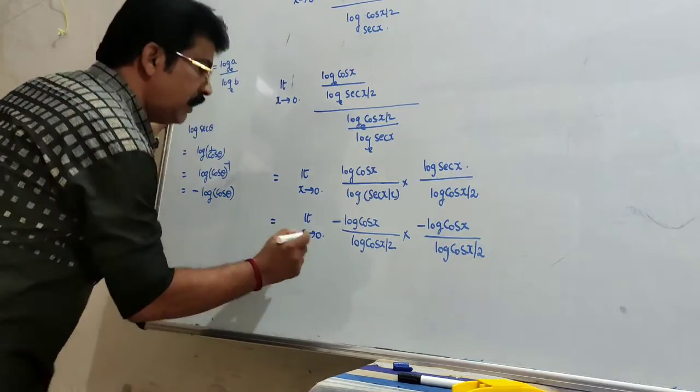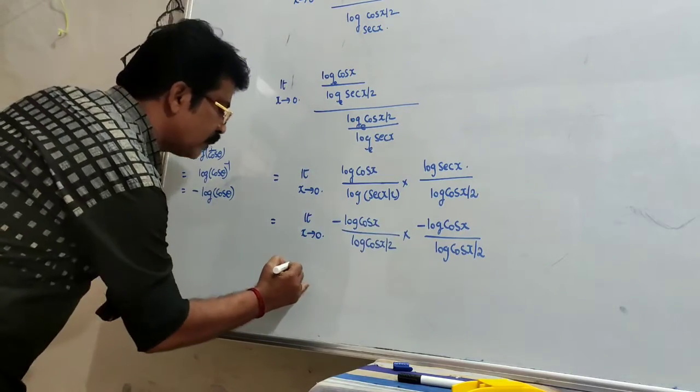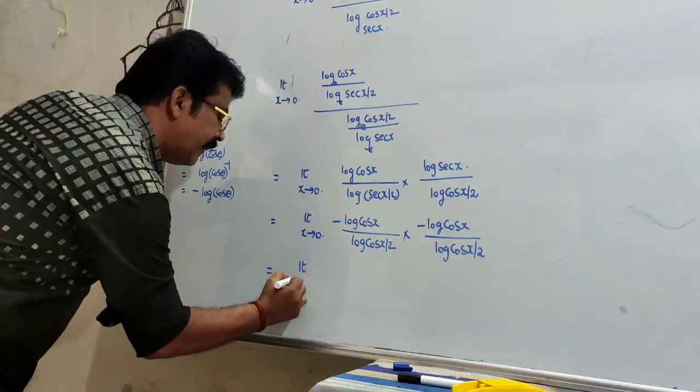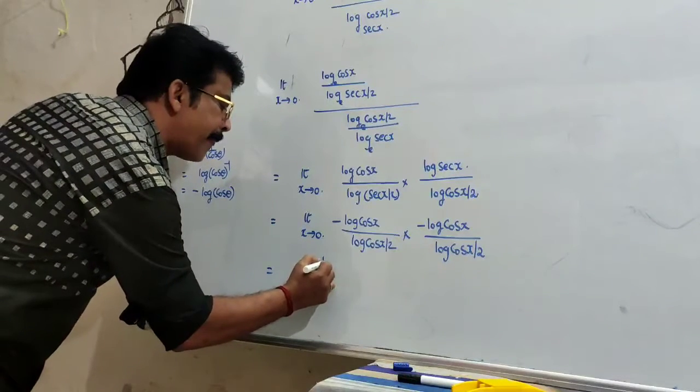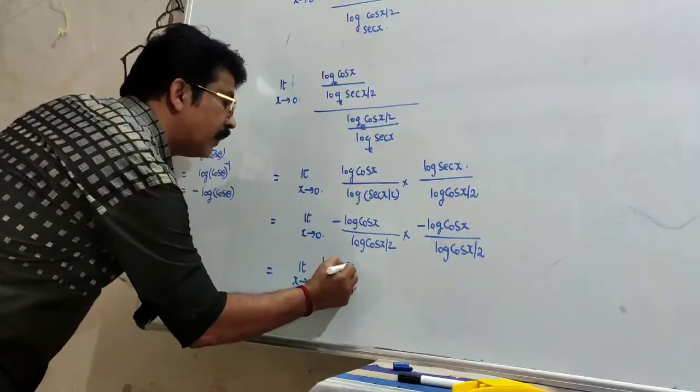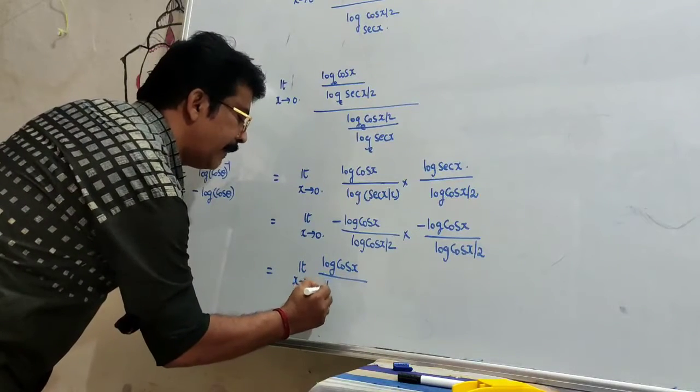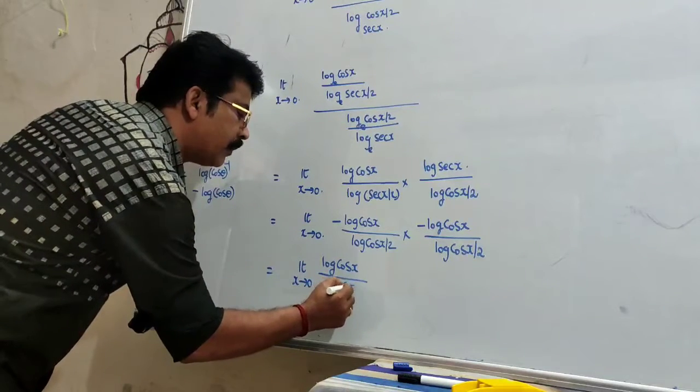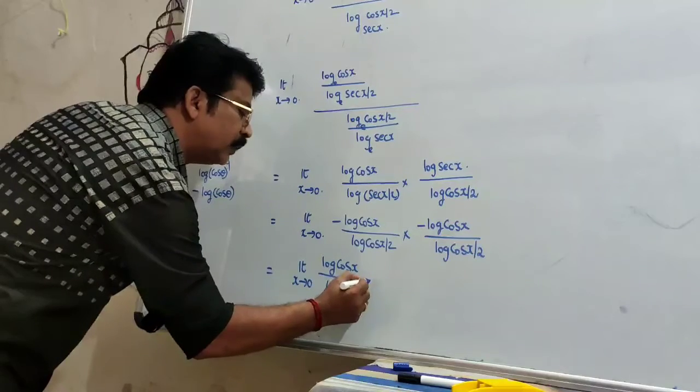So that is equal to minus into minus, plus. So it is limit x tends to 0, log of cos x divided by log of cos x by 2.